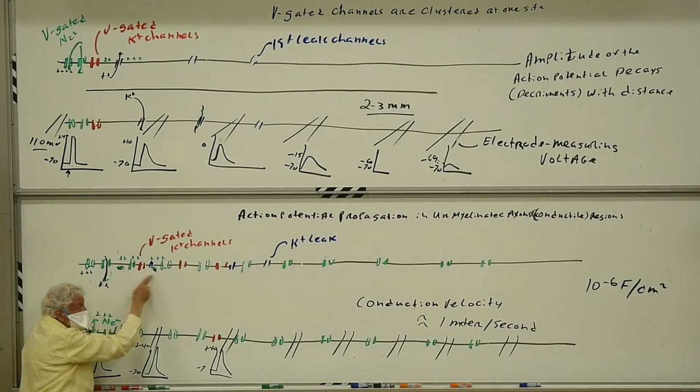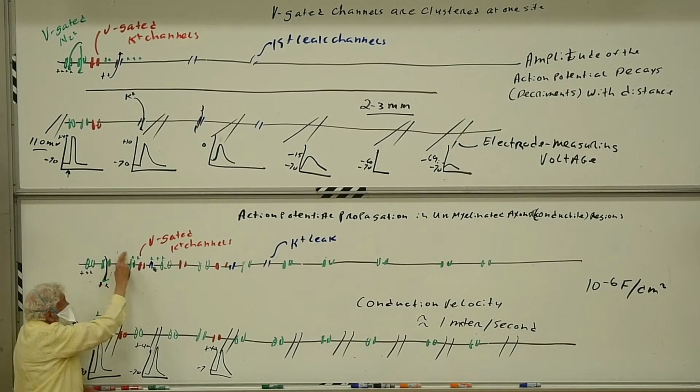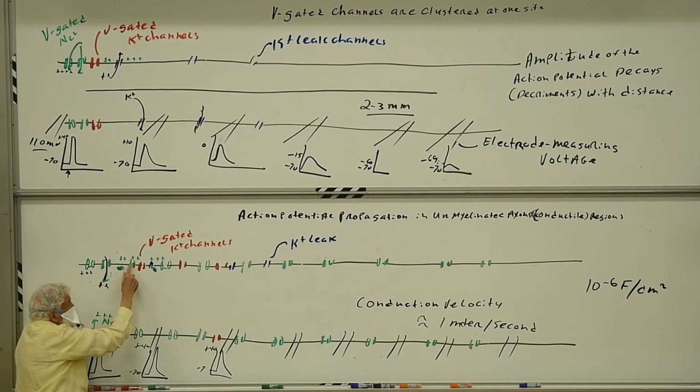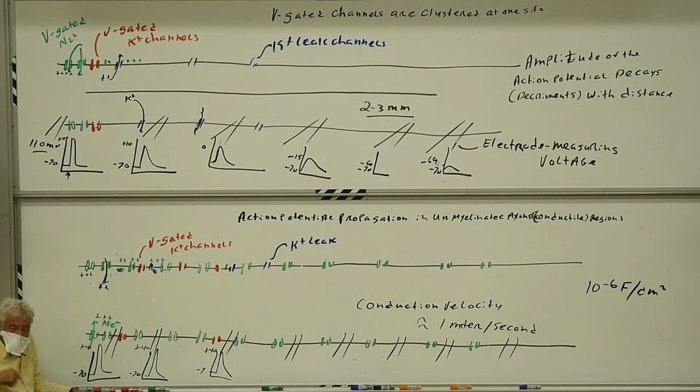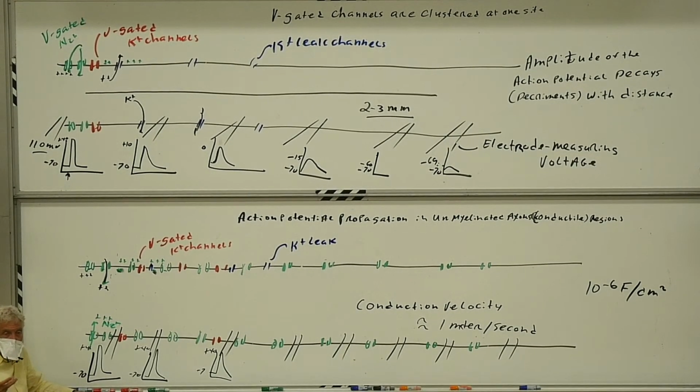And all of those negative charges have to be replaced sequentially by the positive charge. And the first thing we do in these small regions when we replace the negative charge is then begin to open the voltage-gated channels. We can't get a significant amount of ions moving through those channels until we offset those negative charges with the positive.